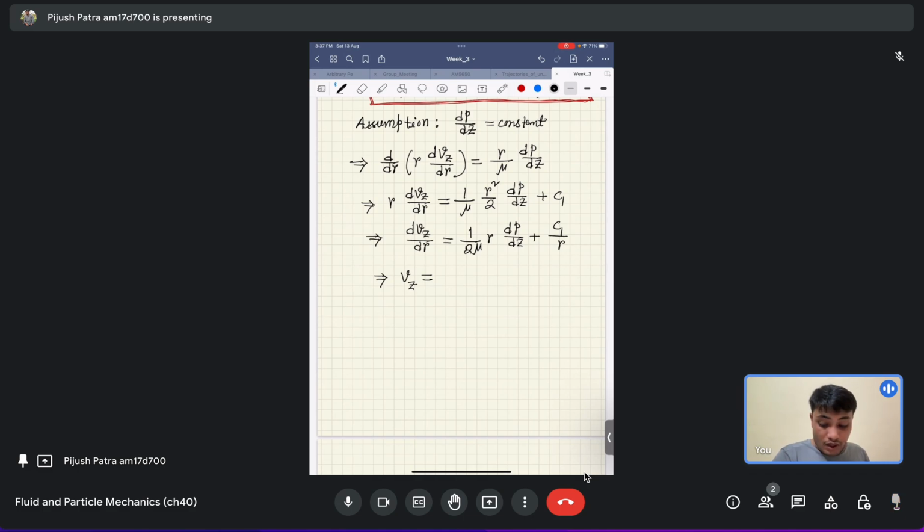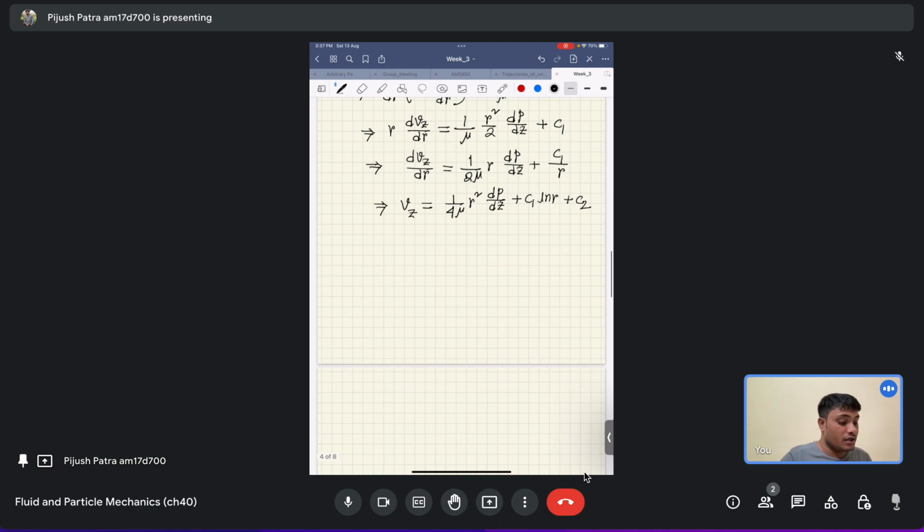Vz is equal to 1/(4 mu) r² dp/dz plus c1 ln r plus c2, where c1 and c2 are the constants which I need to calculate from the boundary conditions.